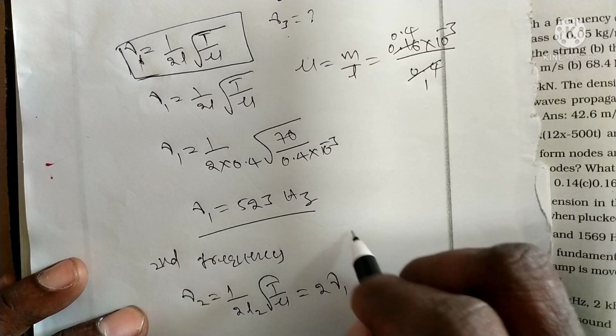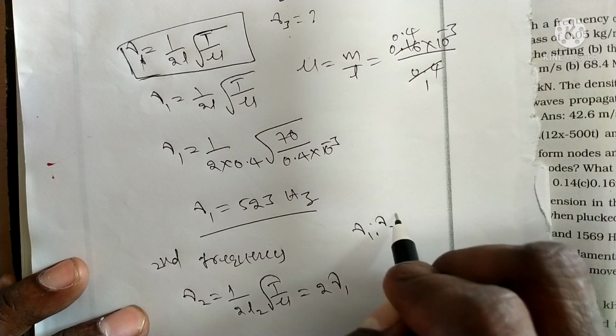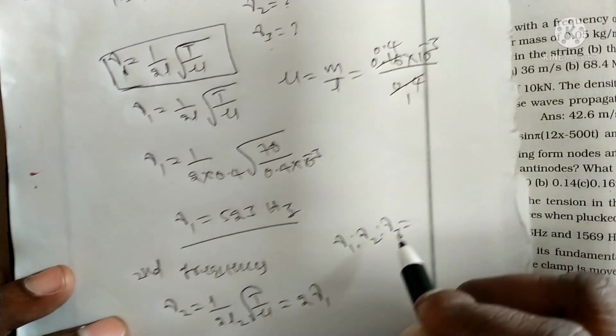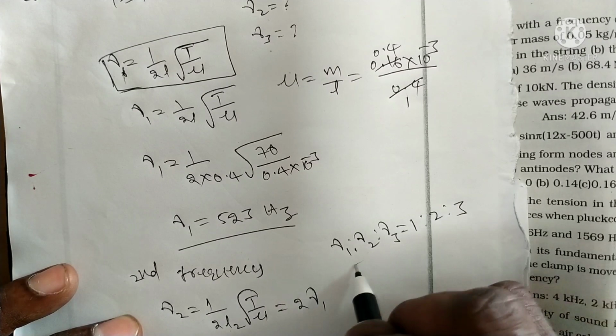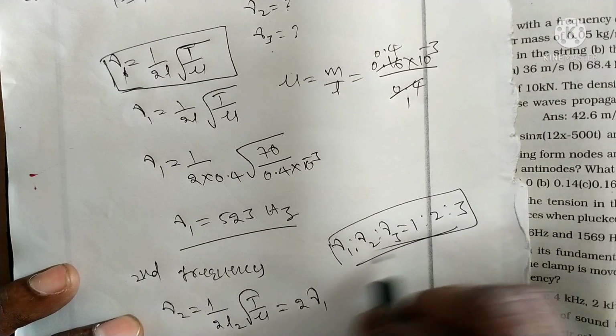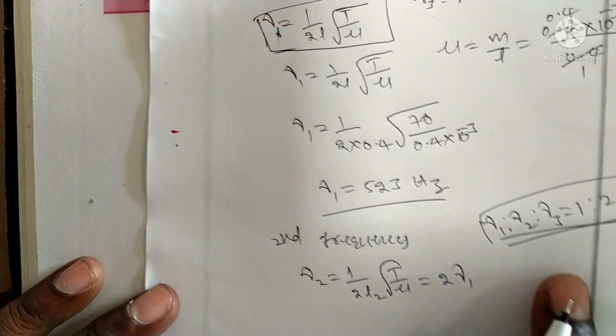The ratio of the frequencies nu1 is to nu2 is to nu3 is in the ratio 1 is to 2 is to 3. That is the relation of the modes of vibration in a stretched string.